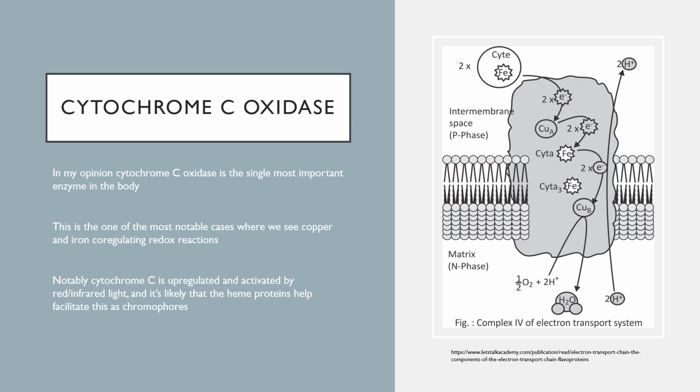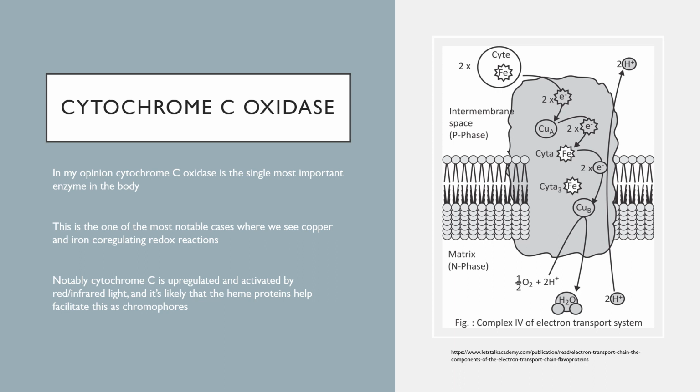So cytochrome C oxidase basically works using copper, and it also contains iron proteins in the center, and it uses these to shuttle electrons through this protein, and at the same time, it pumps out protons into the inner membrane space. And this is how it basically sets up the production of ATP elsewhere in the mitochondria.